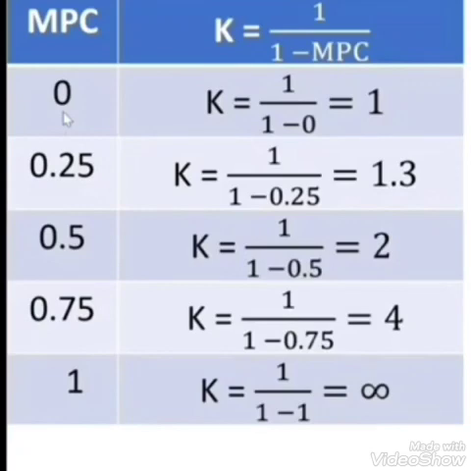In this table we take two columns: MPC, and K equals 1 upon 1 minus MPC. In the first case MPC is 0, so our multiplier is 1. When we increase the value of MPC to 0.25 and put it in the formula, our multiplier is 1.3.